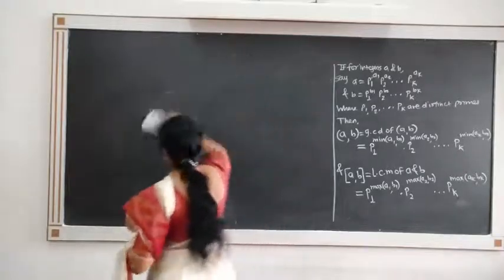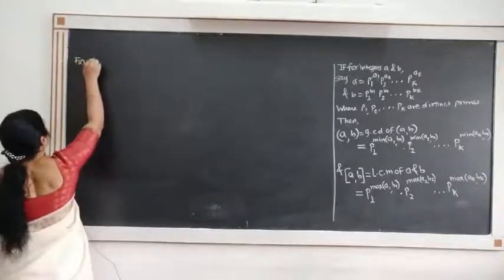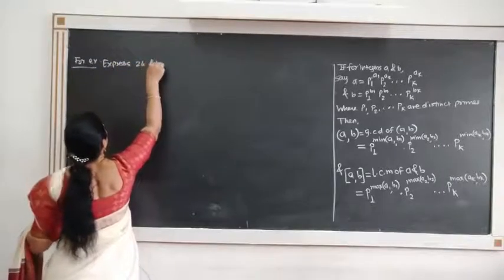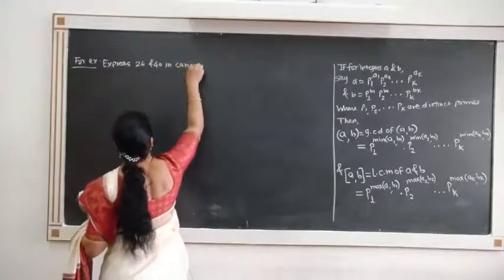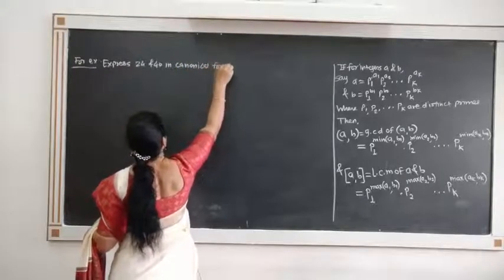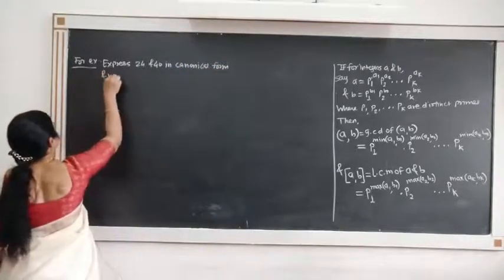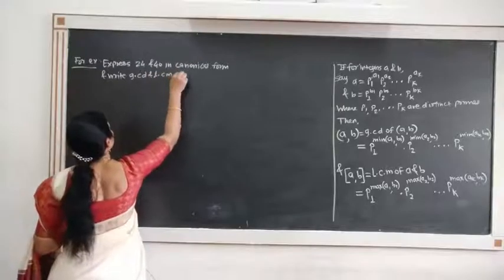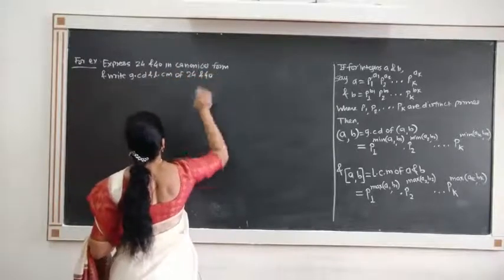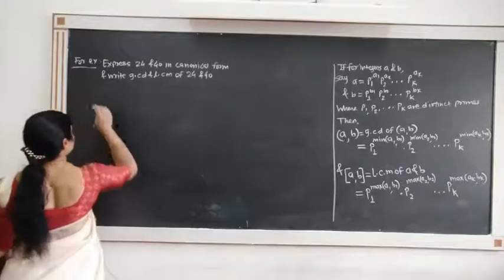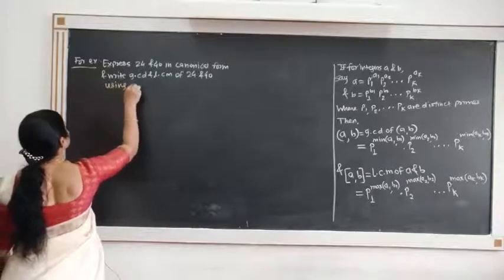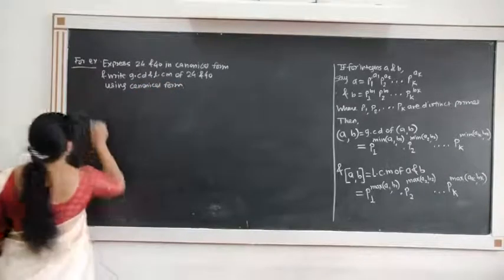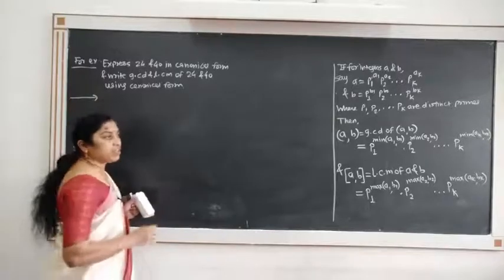For example, express 24 and 40 in canonical form and write GCD and LCM of 24 and 40 using this. So firstly we express 24 and 40 in canonical form.